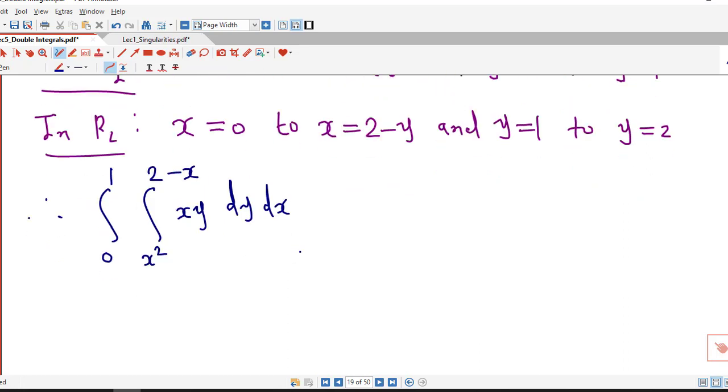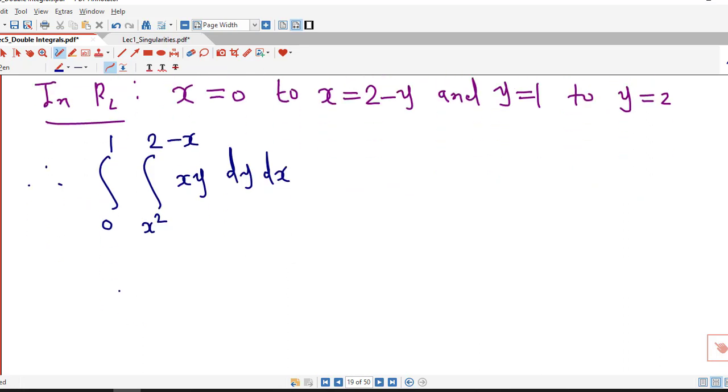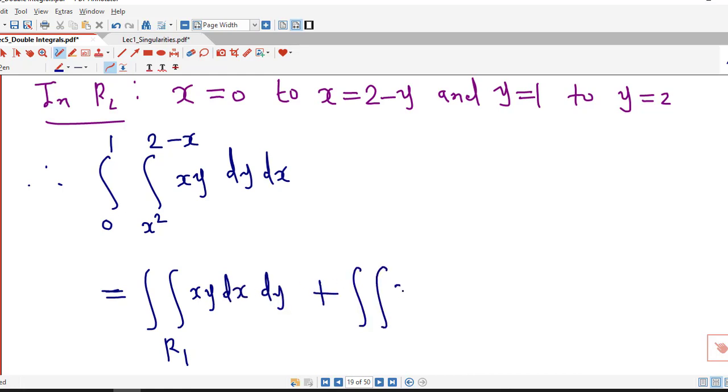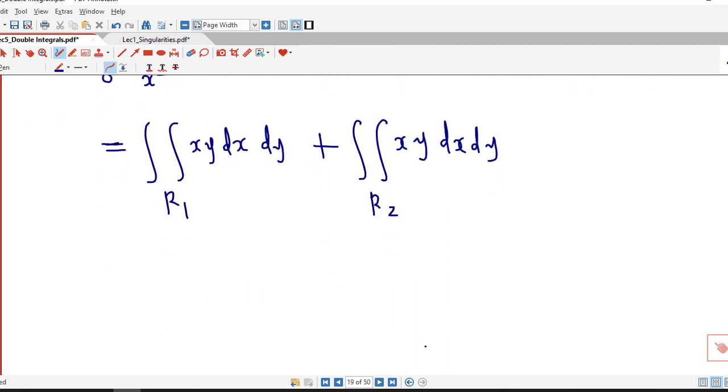And now we obtain that after changing the order of integration, this is equal to the double integral over R1. Now the order of integration is first with respect to x and then with respect to y, and the double integral over R2.